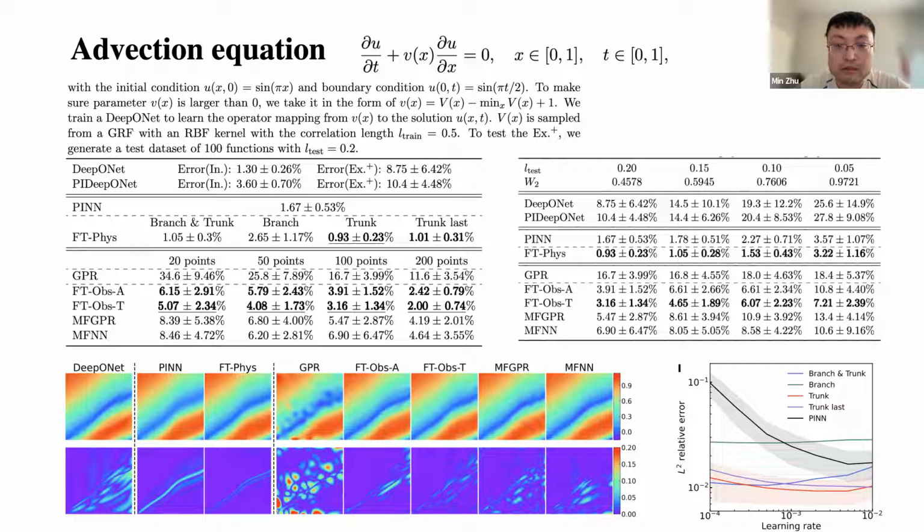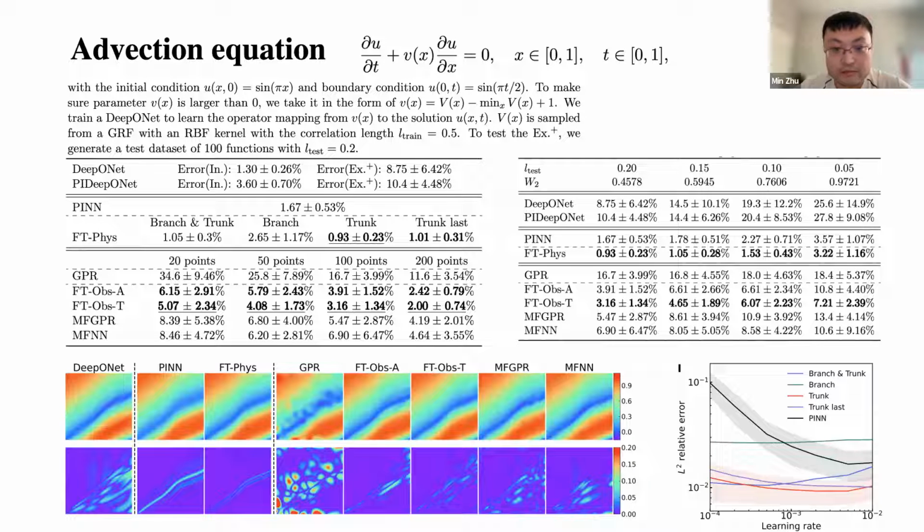With 100 new observations, fine-tune with observations together achieves better performance compared with other fine-tune methods with new observations. For the multi-fidelity method, it performs better as the level of extrapolation increases, but both are slightly worse than the fine-tune with observations method.